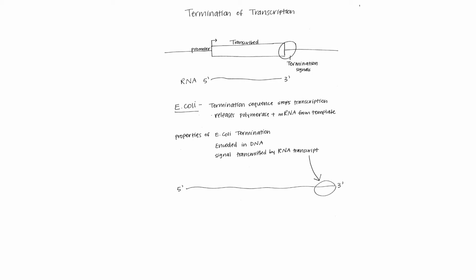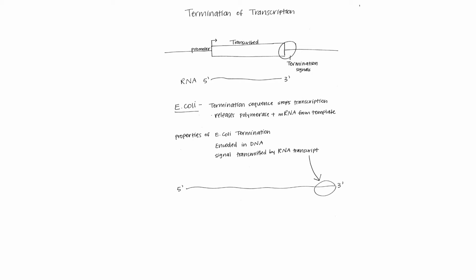So here we have a very simplified drawing of the gene region, where we have the transcribed region in the open rectangular box, and then the transcription initiation site, the arrow, the promoter upstream, and then towards the end of the transcribed region there are termination signals that basically indicate that the RNA polymerase needs to stop, that we don't go on forever.